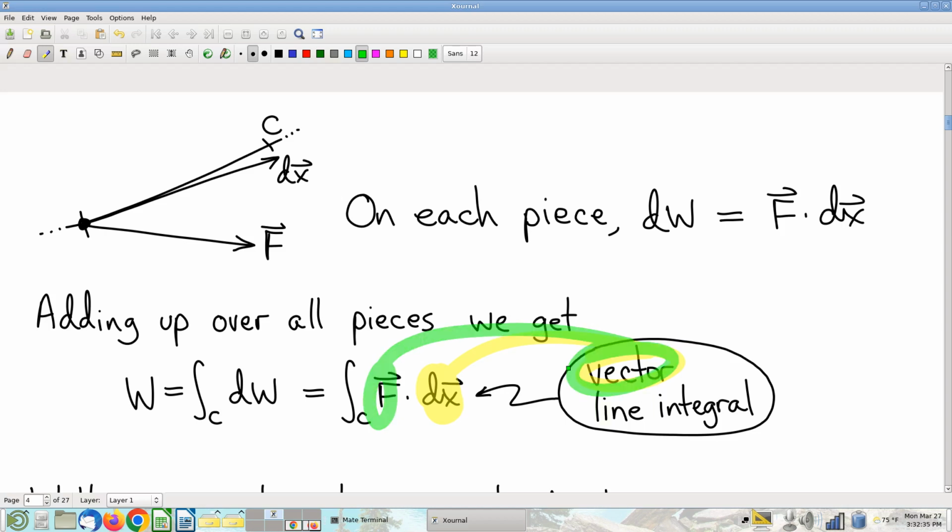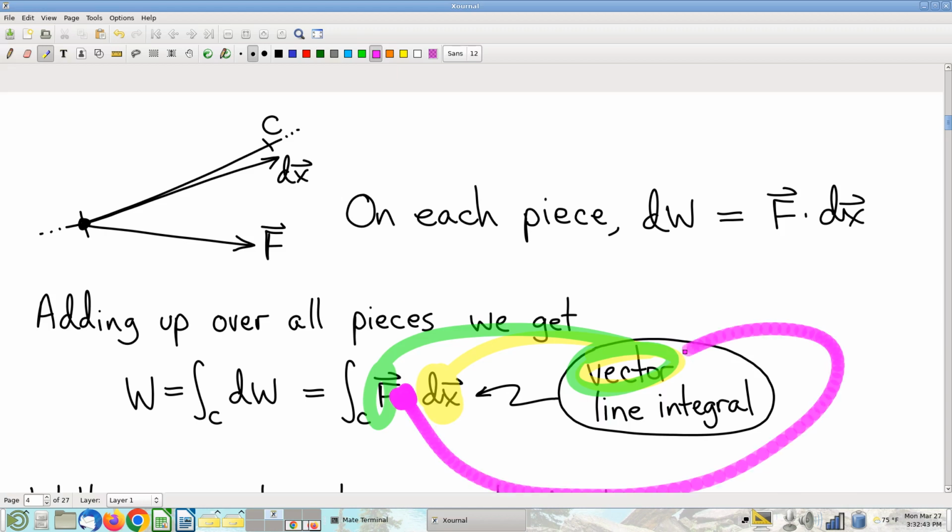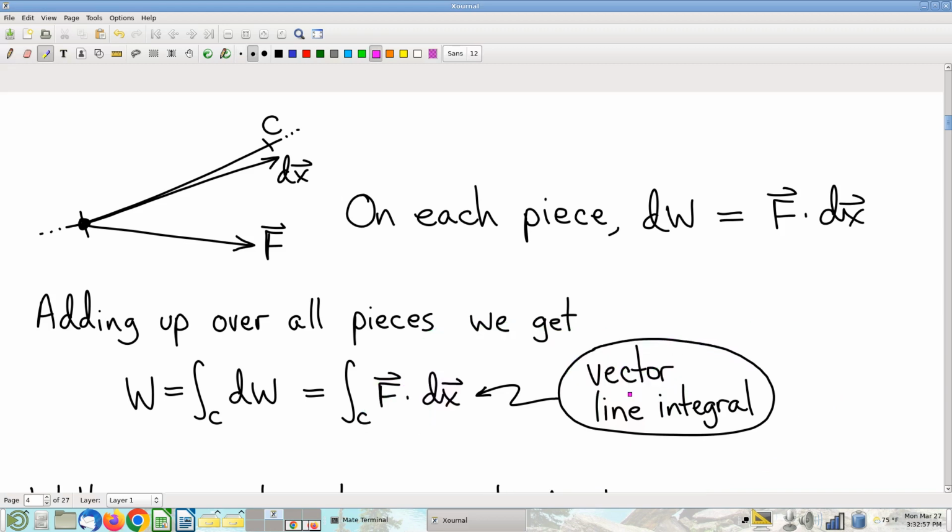Now we have not only a vector differential, we have a vector integrand. The multiplication between them is a vector multiplication, namely the dot product. So this is a pretty different expression, even though we came about it by the same chop it up, add it up approach that gave us scalar line integrals.